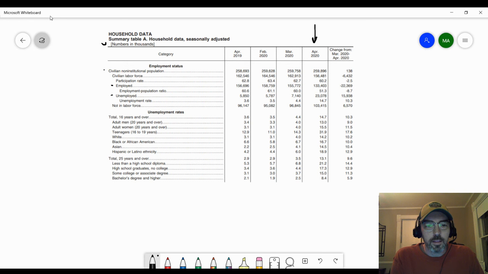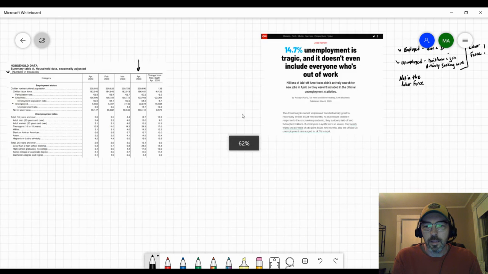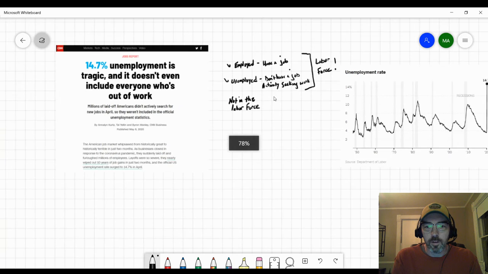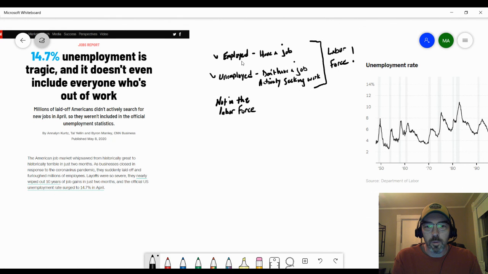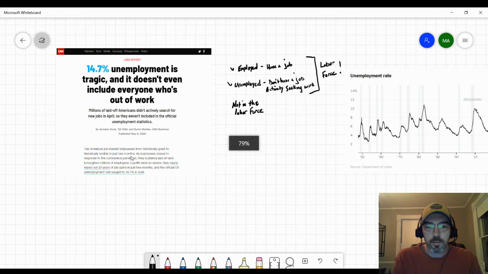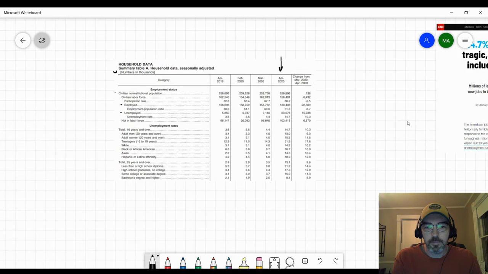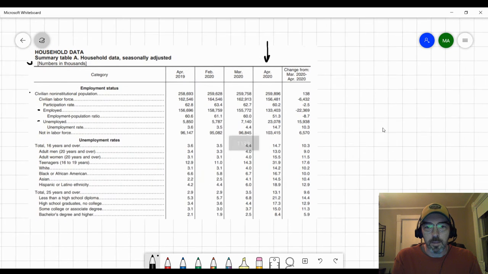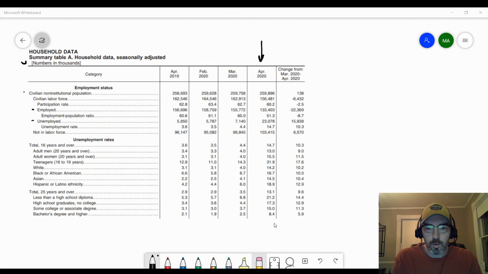Then we have the labor force. And remember, we mentioned that a few minutes ago. The labor force, what is it again? Employed and unemployed people. That's the labor force. Let's go see if these numbers add up. The labor force is supposed to be employed and unemployed people. So I've got a calculator here.